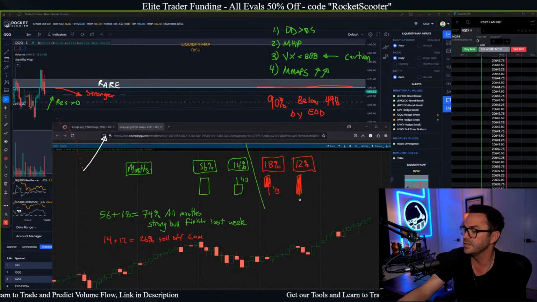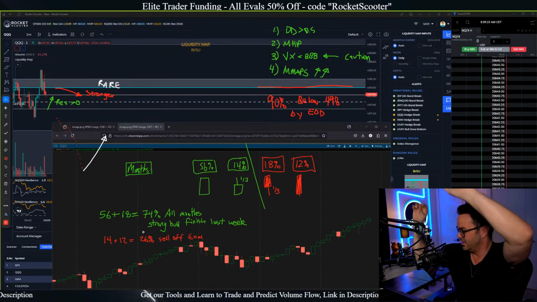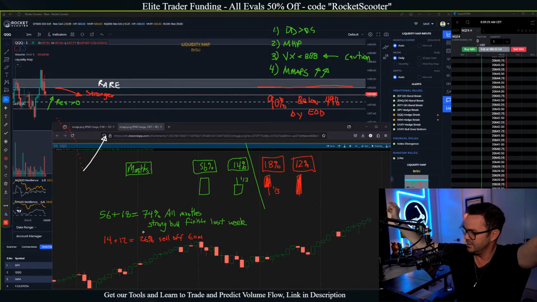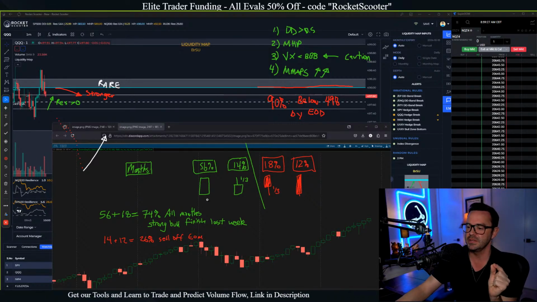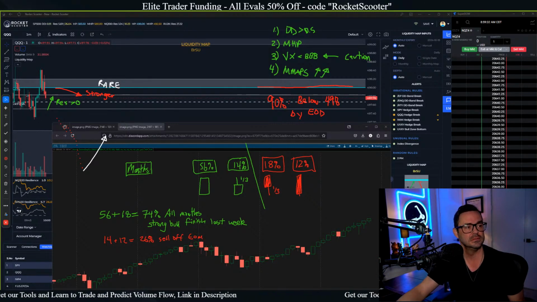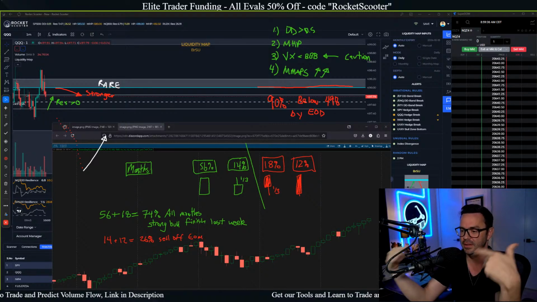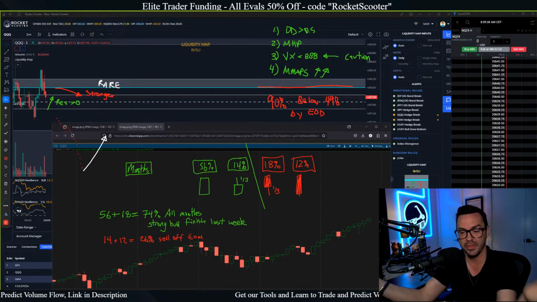This one is one that sells off at the end of the month. These two are markets that rally in the last week of the month. So 74% of all months rally in the last week of the month. 3 out of 4 months rally the last week of the month. Literally the last week.